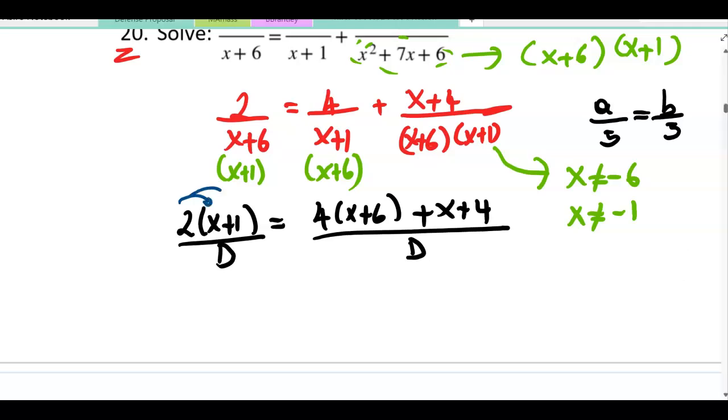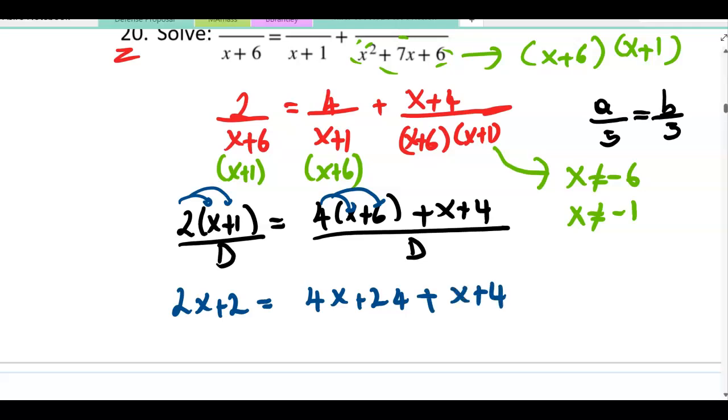So then I need to distribute that: 2x plus 2, and distributing, 4x plus 24 plus x plus 4. All right, combine like terms. 2x plus 2, there's nothing to combine here. Combining like terms there, that will be 5x plus 28.